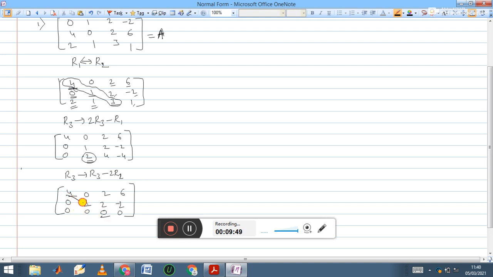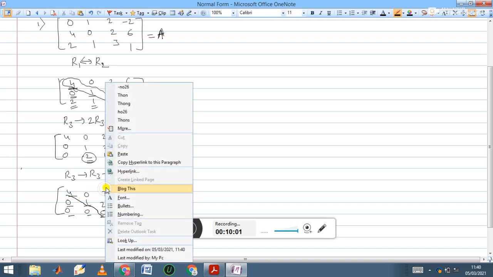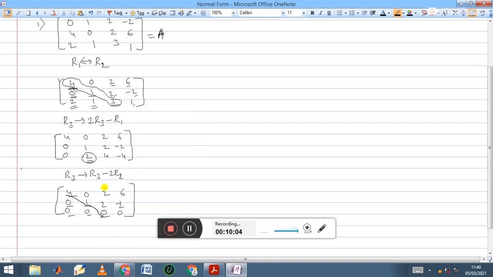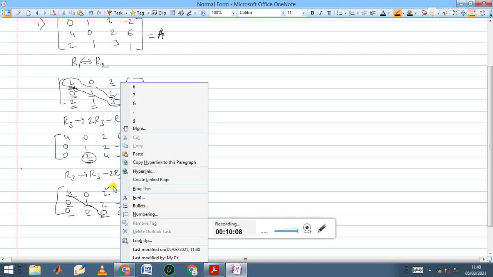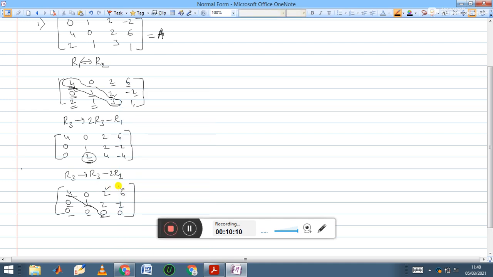So this is your leading diagonal line. Below this leading diagonal line, all the entries are 0. Then you need to make the first row, third entry and first row, fourth entry 0 using the first column. Then you go with the column operations.